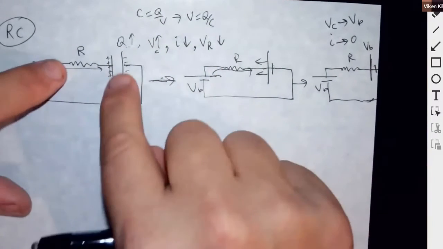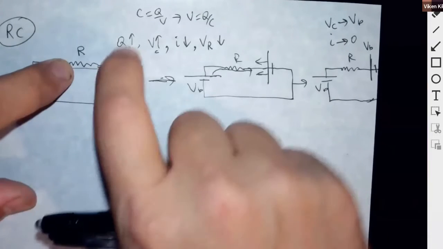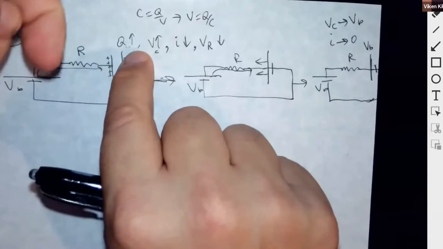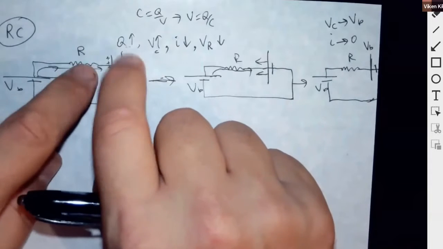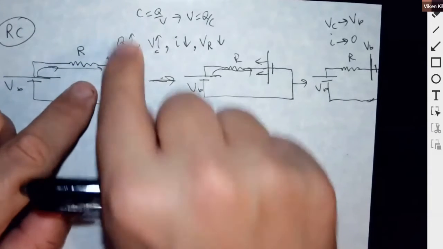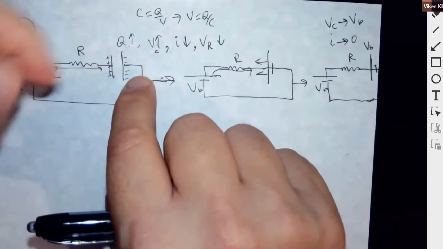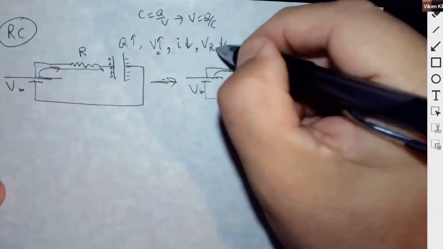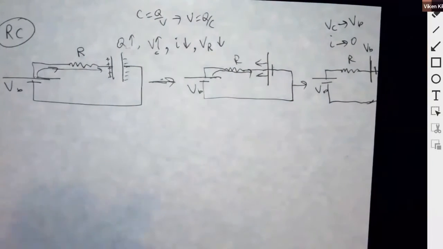Since these are in series, if the voltage of this goes up, the voltage of that should go down, because the two voltages added up give you the voltage of the battery. So this goes up, this goes down. The current goes down, the voltage of the resistor goes down.